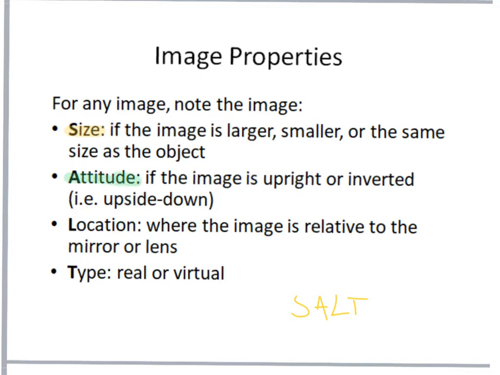We have attitude, which basically just means is it upright or upside down? We have location, so where is the image relative to the other objects? We'll get into that more later with specific examples. And finally, type. We have already talked about real or virtual.